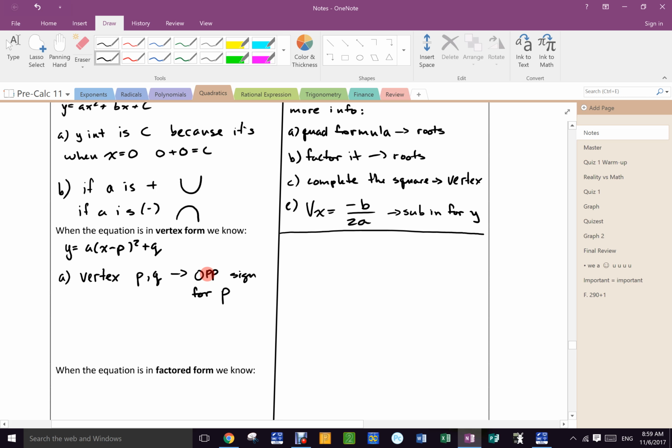Okay. Do we know anything else from that? Yeah. The A thing still works, right? A, when it's positive, it's that. When it's negative, it's that. And it gives you your stretch.